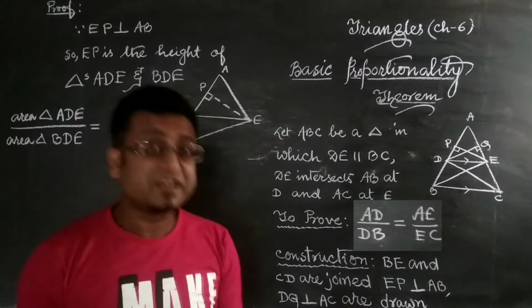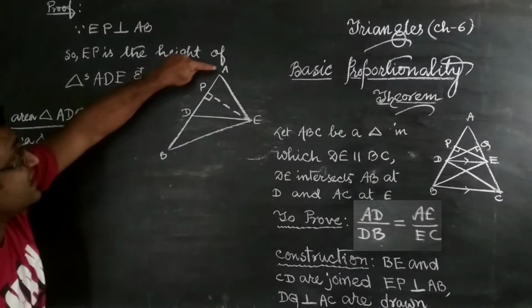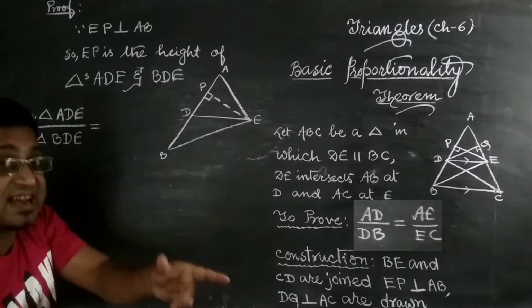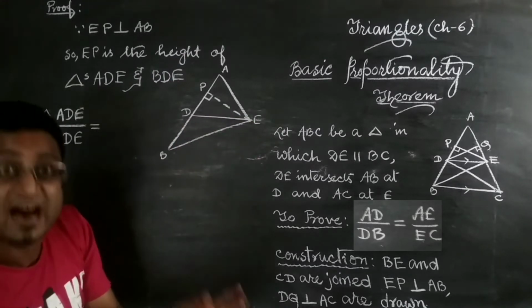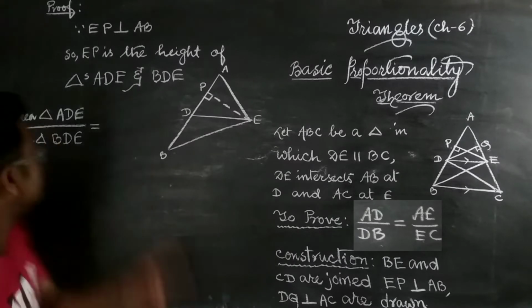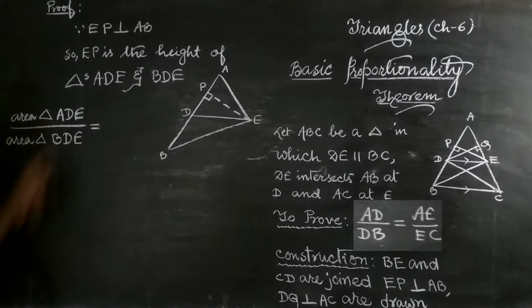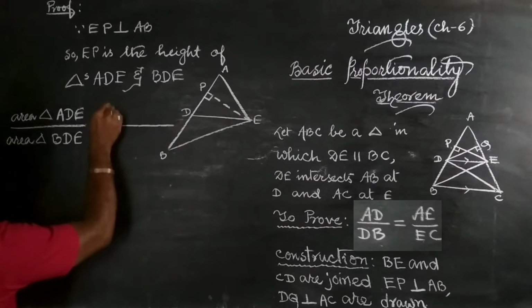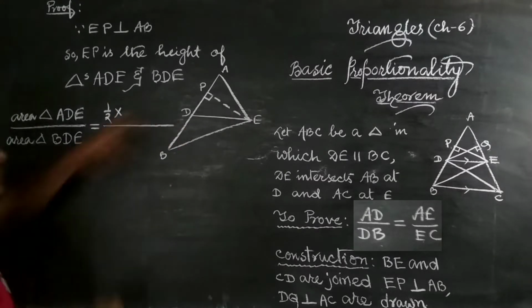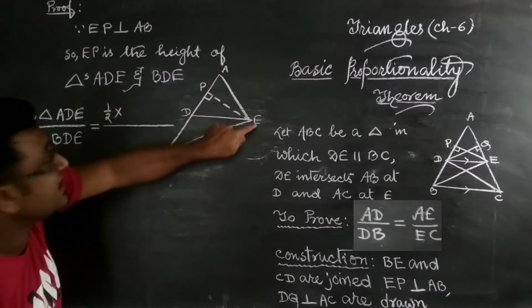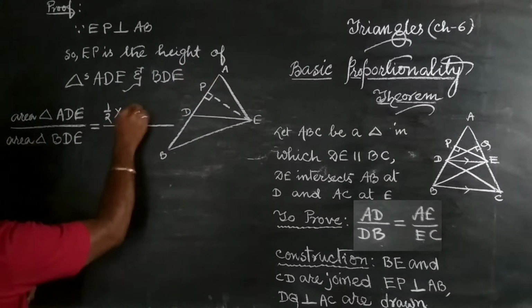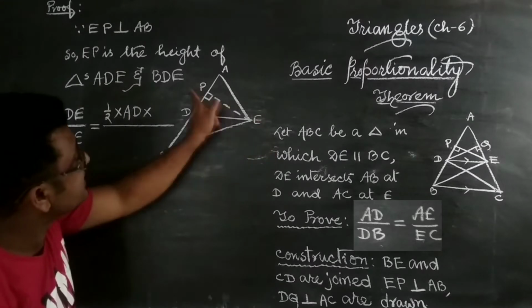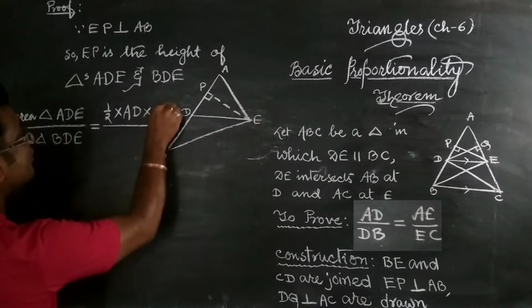Now, if you take the ratio of the area of triangle ADE and the area of triangle BDE, we know area of a triangle is half into base into height. So the area of triangle ADE will be half into AD, which is the base, into PE, the altitude.